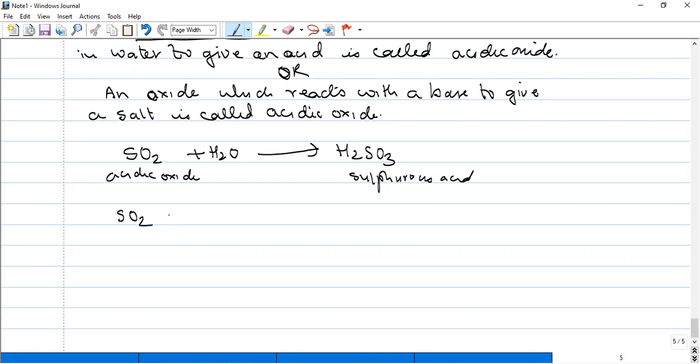Sulfur dioxide reacts with base and forms salt and water.